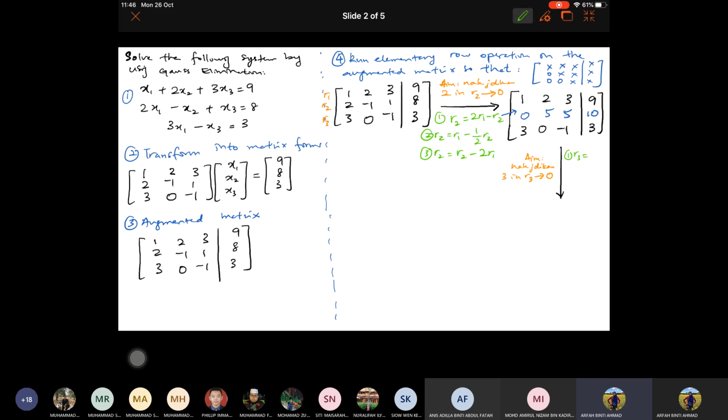R3 sama dengan apa. Yang ini tak payah listkan pun tak apa. Saya just nak tunjukkan ke awak all the possible solution. Okay, all the possible operation that can be done on the matrix. Tak semestinya awak ambil sama dengan saya. Kalau awak ambil operation yang berbeza, still tak apa. Matrix awak akan jadi lain tapi jawapan akhir kita X1, X2, X3 tetap akan sama. Provided that the calculation is correct lah.